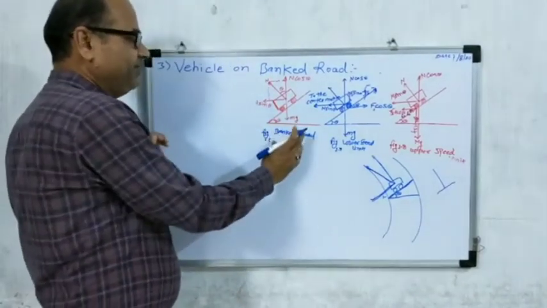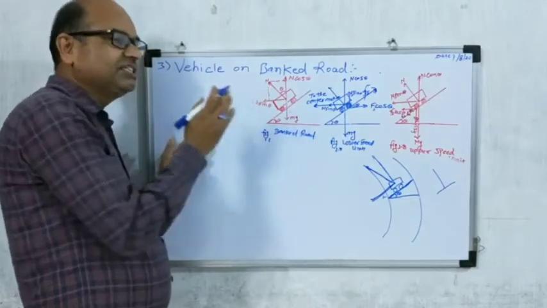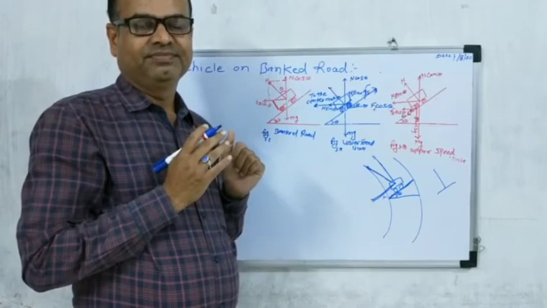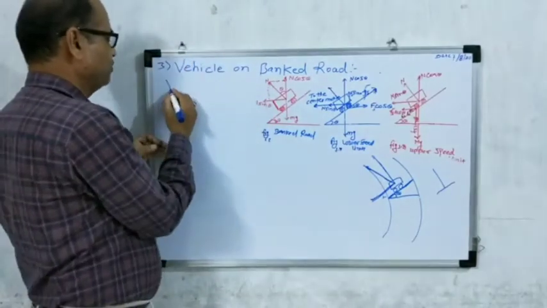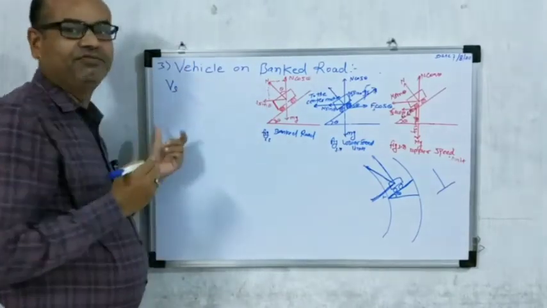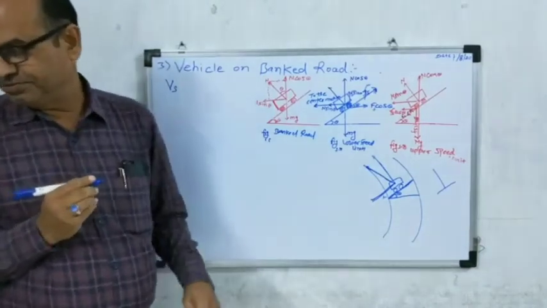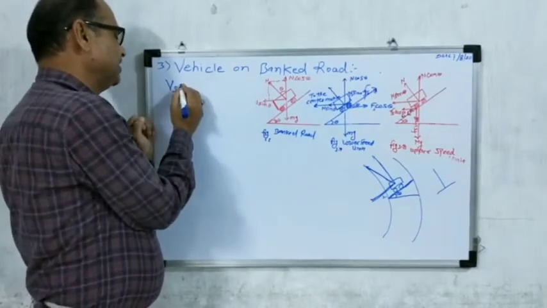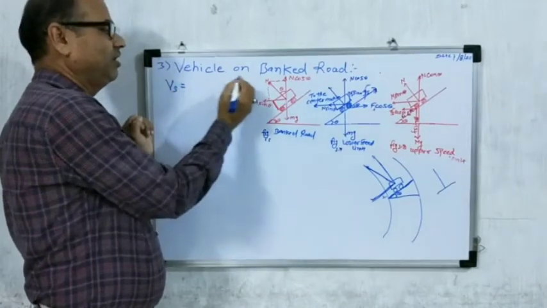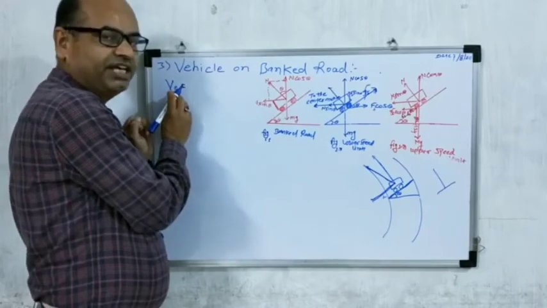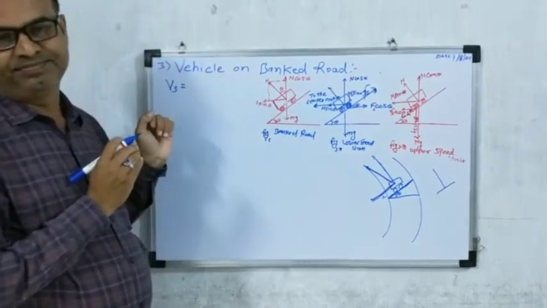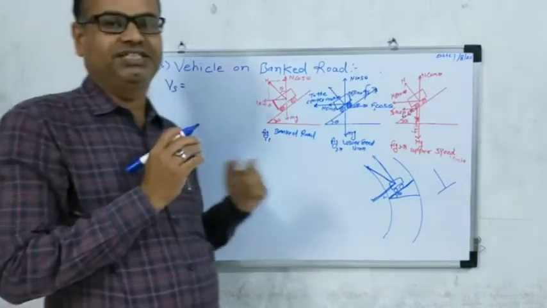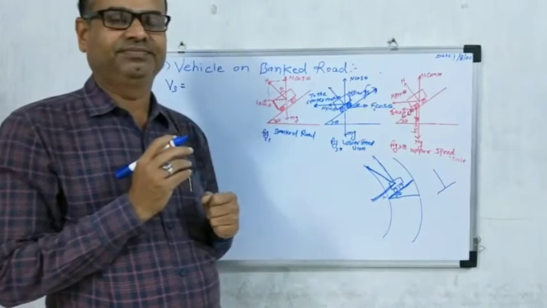Therefore, on this banked road, the safe speed should be created. Obviously, the velocity at safe speed Vs is equal to... In the previous period, we studied these points: the vehicle on a banked road when moving at safe speed. For this banked road, three conditions must be necessary.